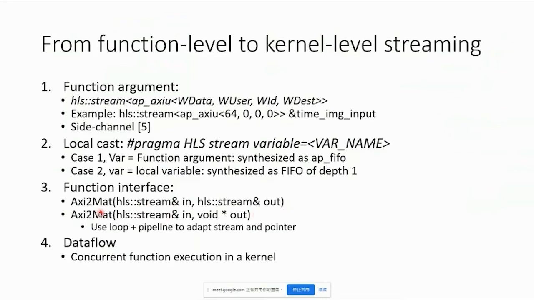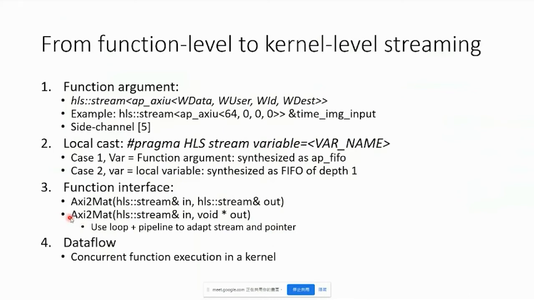And I show here these two functions, AXI2Mat, an example from the Vitis Vision library. Because in C++ we have polymorphism, we can have the same function name and different inputs. So they use polymorphism to adapt to various situations to gain better performance.